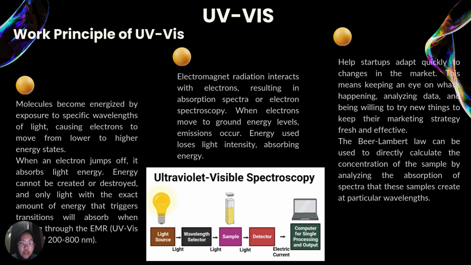Electromagnetic radiation interacts with electrons, resulting in absorption spectra or electron spectroscopy. When electrons move to ground energy levels, emissions occur. Energy use loses light intensity, absorbing energy. The Beer-Lambert law can be used to directly calculate the concentration of the sample by analyzing the absorption spectra that these samples create at particular wavelengths.